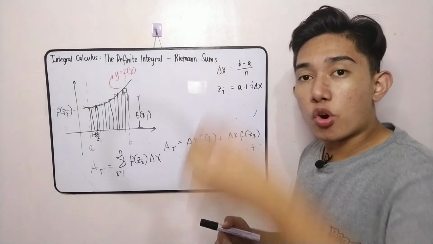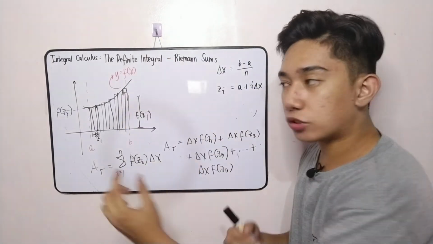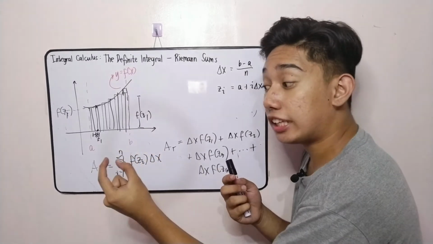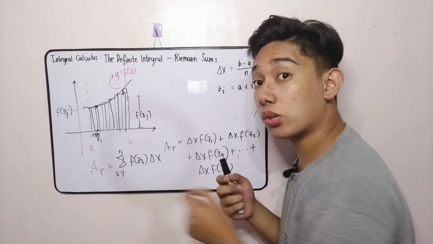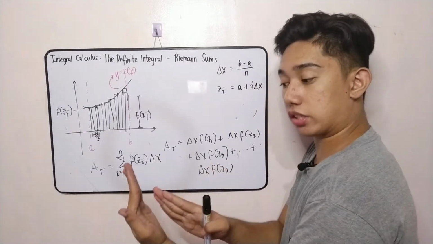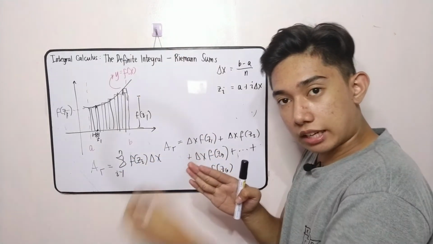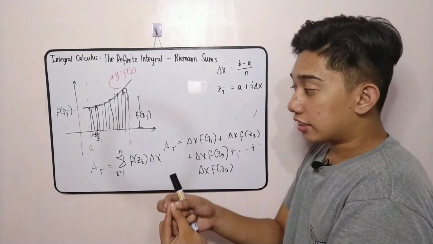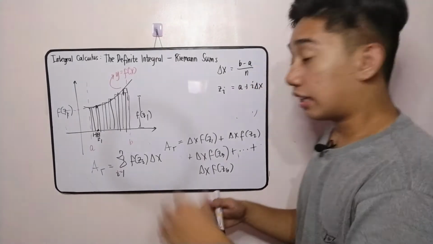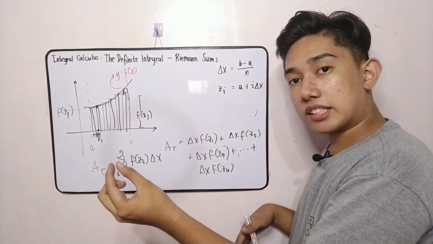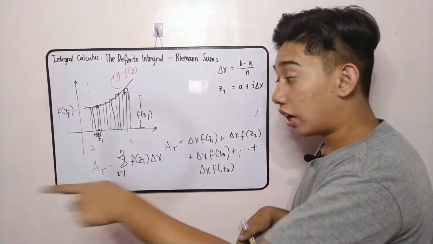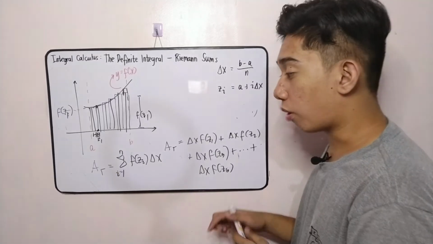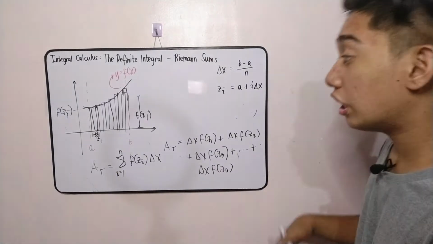As we create smaller rectangles, the change of x will reduce and approach 0, because lumiliit yung size ng rectangular partitions, lumiliit din yung width. So, as change of x becomes 0, your number of rectangles approaches infinity.